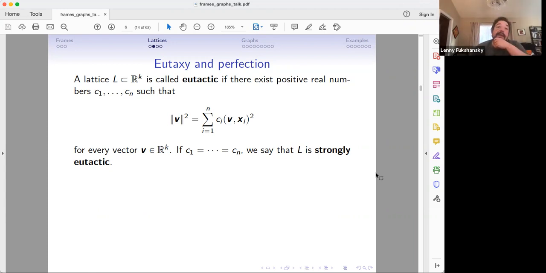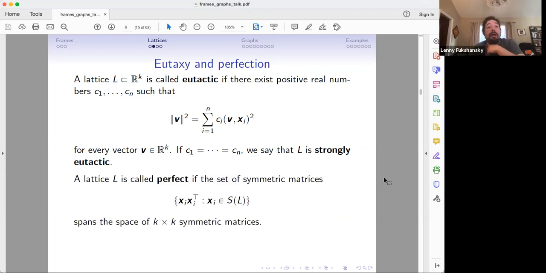Okay. All right. So there is another unrelated important condition on lattices called perfection. A lattice is called perfect if we do this: take a minimal vector, write it as a column vector, and then multiply it by its transpose.